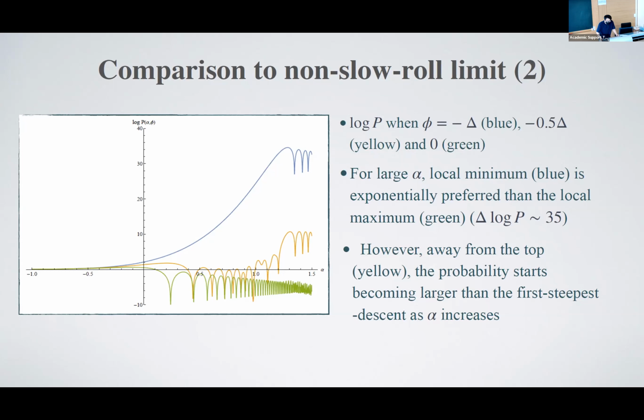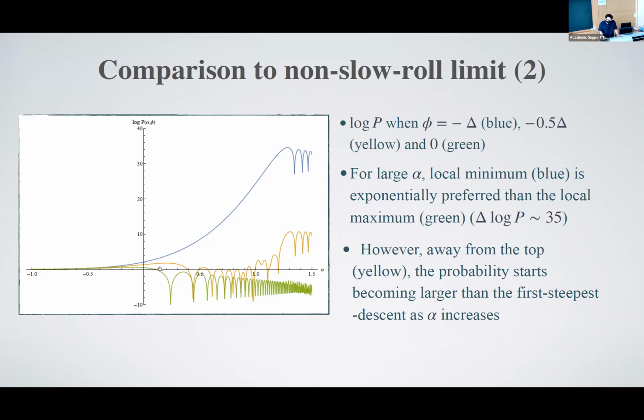However, let's look at the yellow curve. The probability starts becoming larger than the first steepest descent as alpha increases.